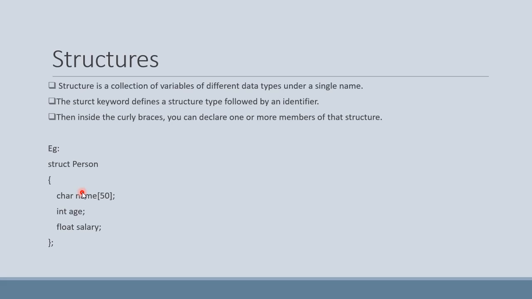without giving different identifiers. This is very helpful if we are using a number of variables, a number of things that have to be stored under a certain category. For example, if you are trying to collect data of the students in your class, then there will be a set of data which you will have to collect.